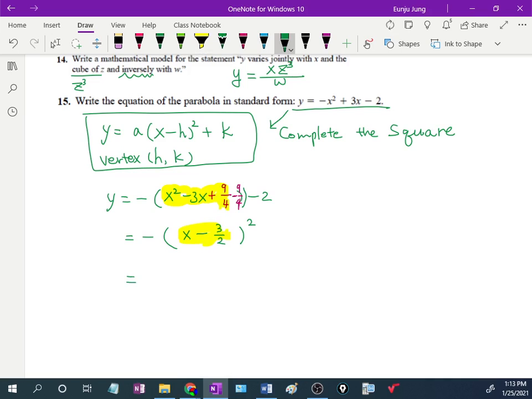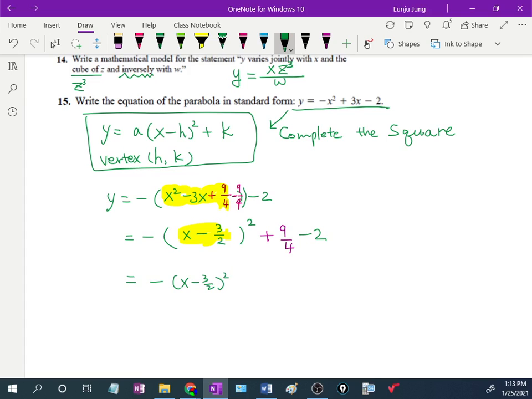So next step, I need to move that, right? So I'm going to use the distributive property. Two negatives make a positive. So this will go outside of the parentheses, and then this will be with -2. I need to bring down -2 here. And next step, (x minus 3 halves) squared.